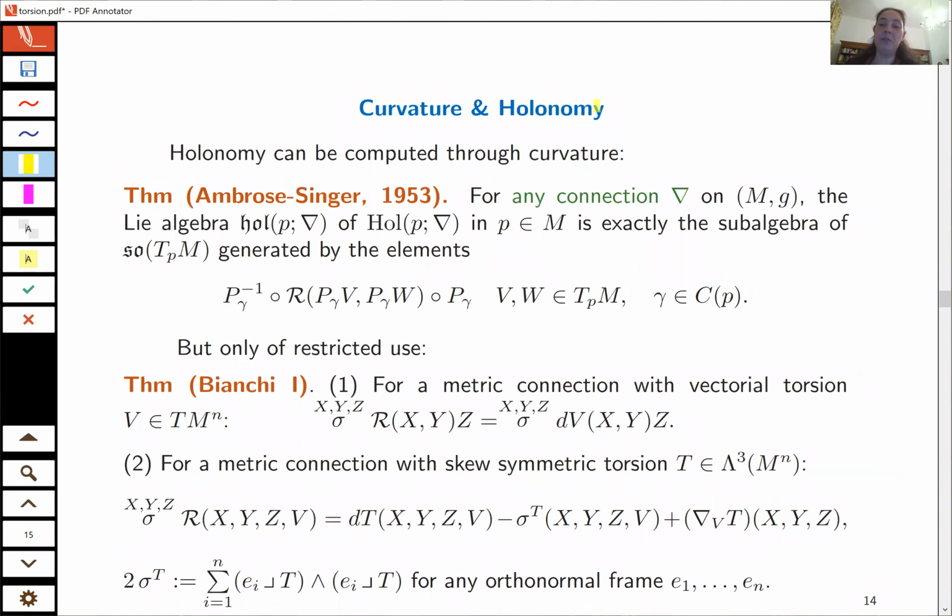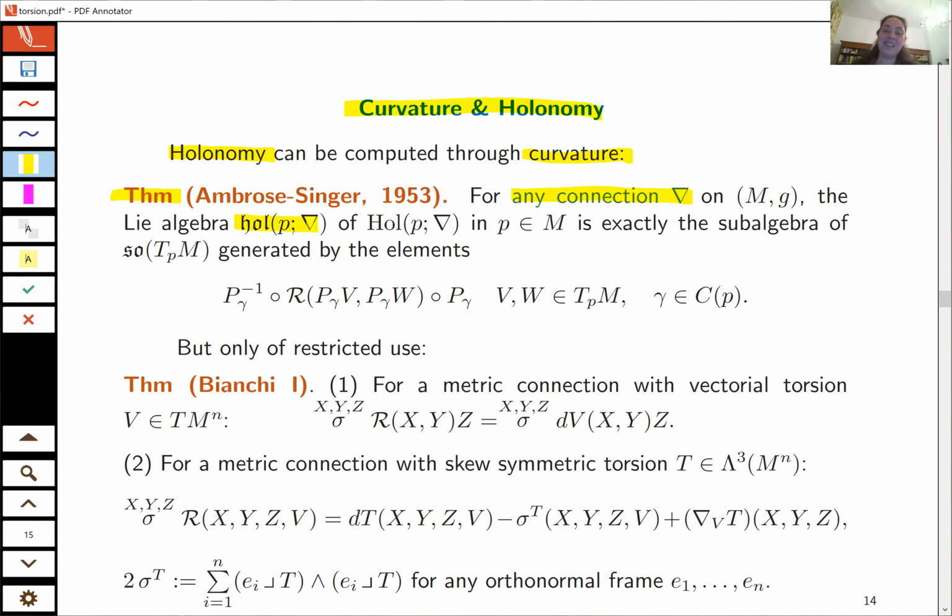So we know that curvature and holonomy go along in a very deep way. For example, we have the famous Ambrose-Singer theorem from 1953, which tells us that holonomy can be computed from curvature. And how is that? Well, for any connection nabla on my manifold, I look at the Lie algebra of the holonomy group.